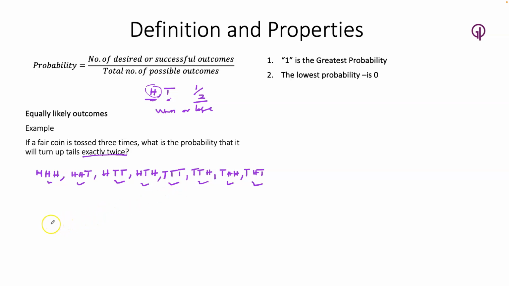Here you start off with the first toss of the coin, and when you toss the coin, it can land heads or tail. Then we flip the second time, and again it can be heads or tail.